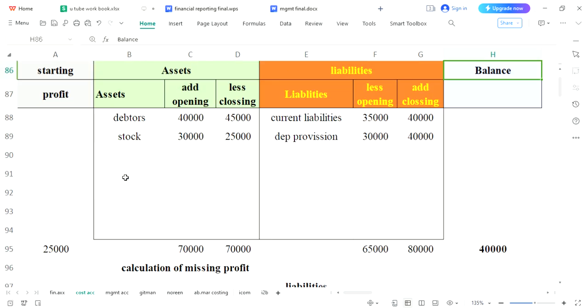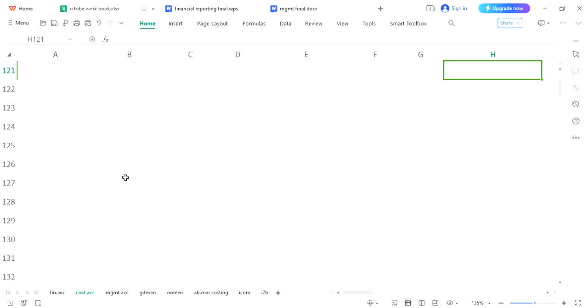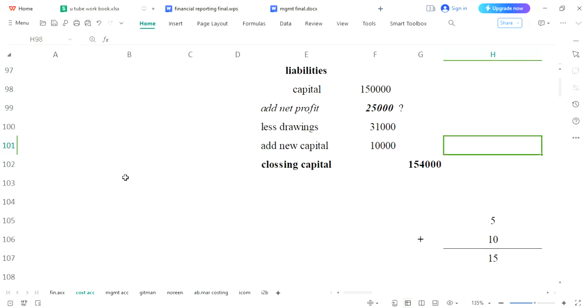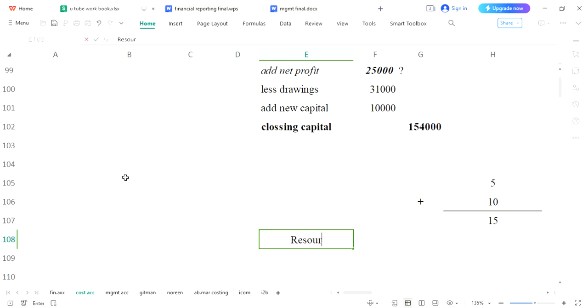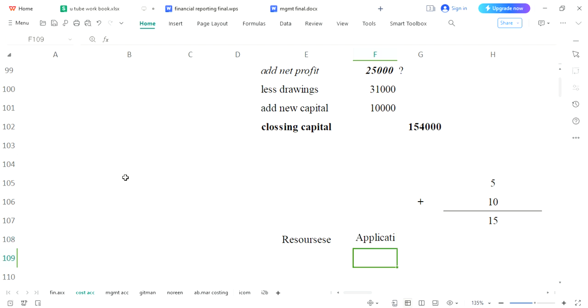Okay, now what you will do is simply calculate your resources. And how will you calculate? Here you will see your resources and here you will calculate your applications. A little more space I am going to make, and for that, you have your assets, you have your liabilities.